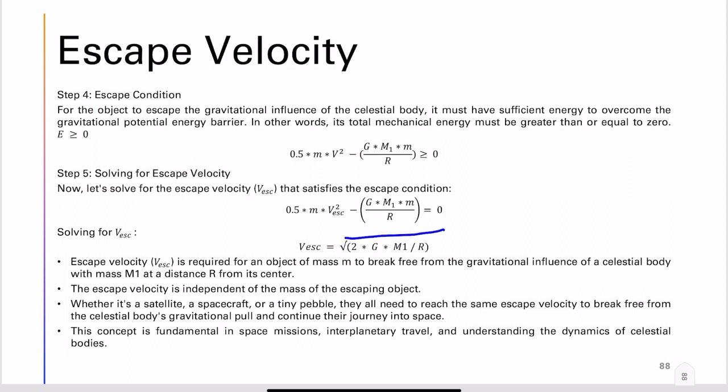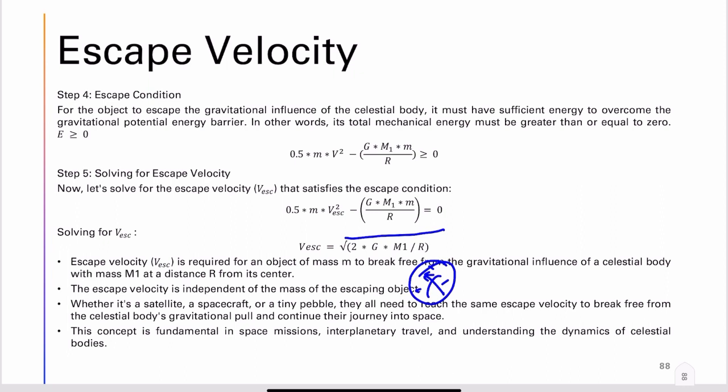Okay, this escape velocity is independent, and this is very important, of the mass of the object in case of a two body problem. It is independent of the mass of the escaping object, whether it is a satellite, a spacecraft, or even a tiny pebble.